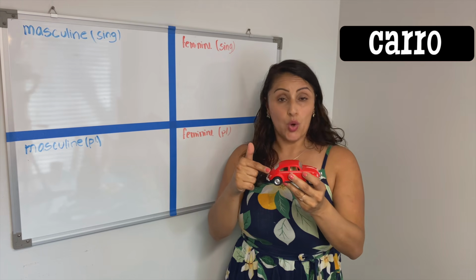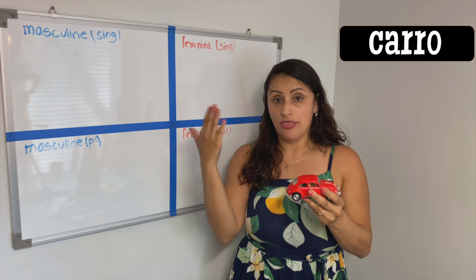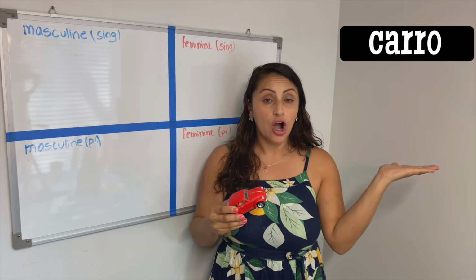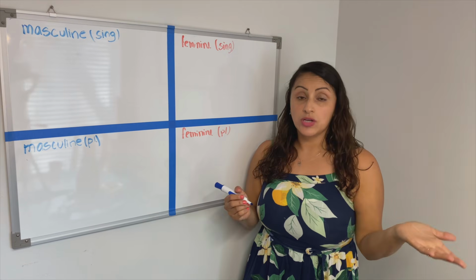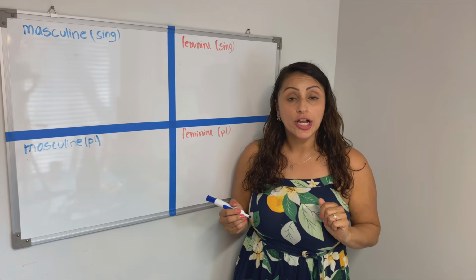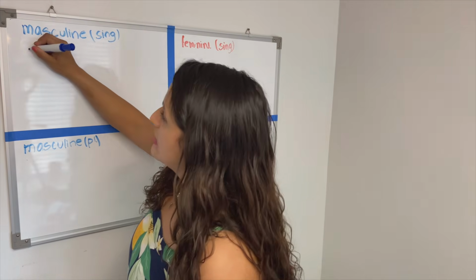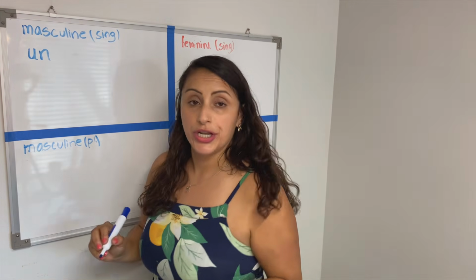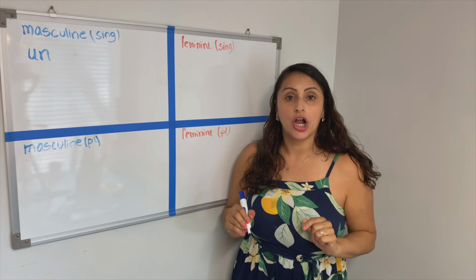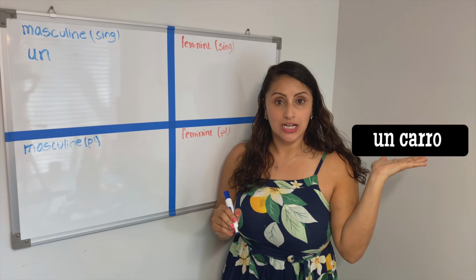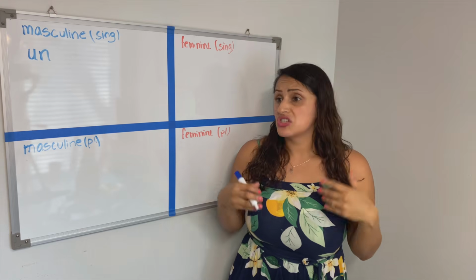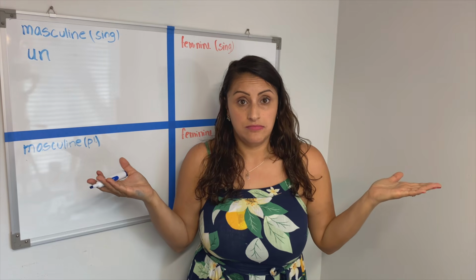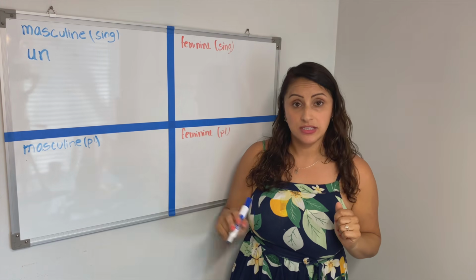So carro, whether we're talking about the car or a car, it's still a masculine noun. So if we want to say a car, we would use the indefinite article un. A car. Un carro. But if we're talking about some cars, we would use the masculine plural.